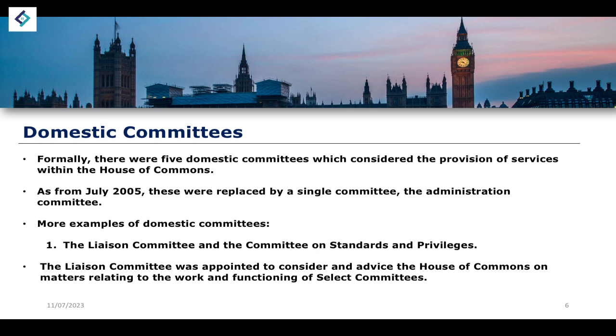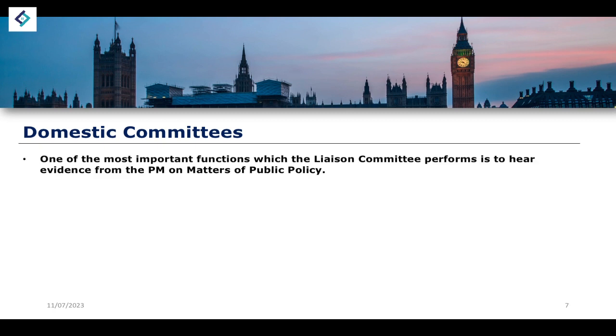The Liaison Committee was appointed to consider and advise the House of Commons on matters relating to the work and the functioning of the select committees. So the Liaison Committee is almost like a committee which scrutinises and essentially checks the functioning of the select committees. It's almost a committee's committee in that regard.